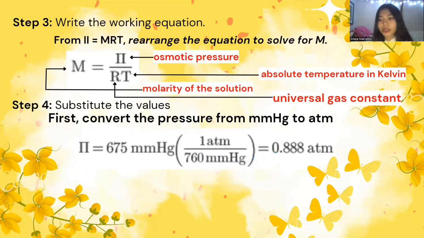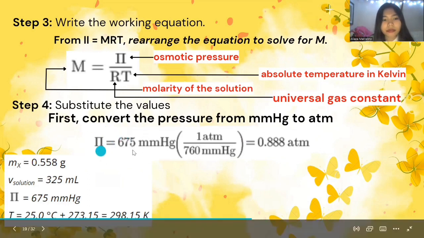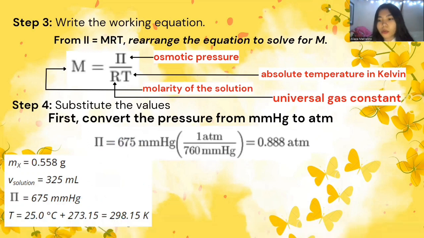Alamin naman natin kung saan sila nakuha or given na ba talaga ang mga numbers na ito. So, this osmotic pressure is given na po. Dito siya makukuha. Or, it is always ganon na po ang value, always 675 mmHg.